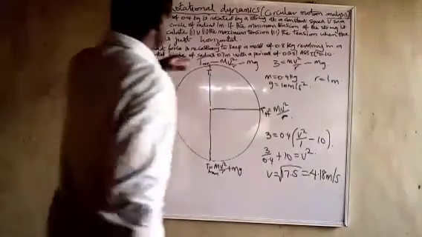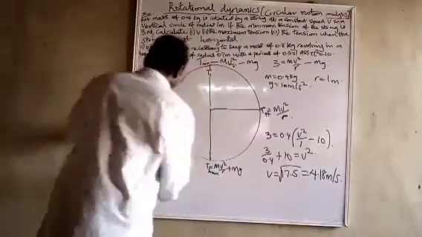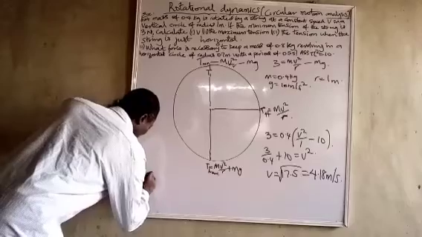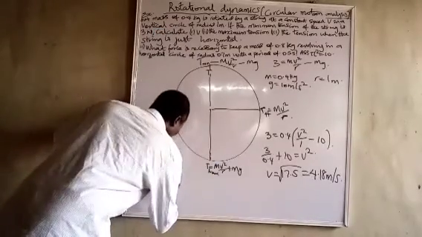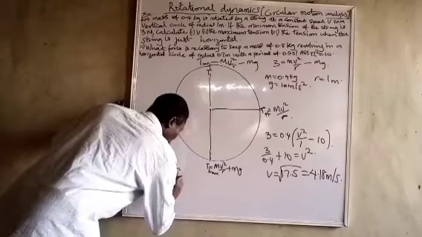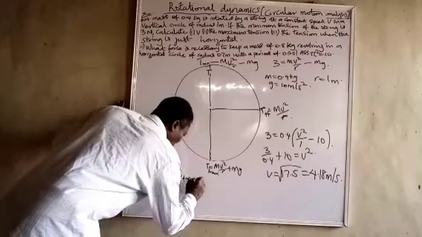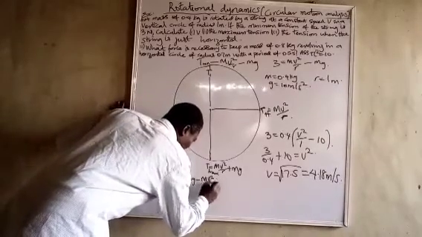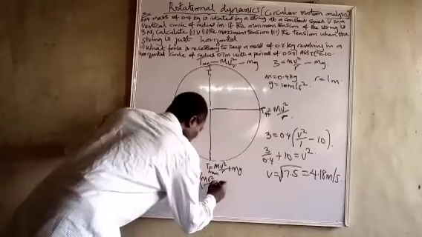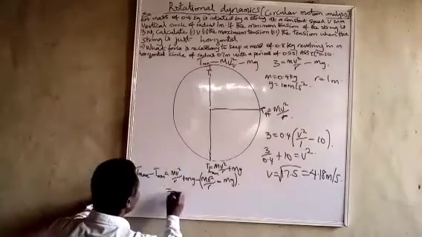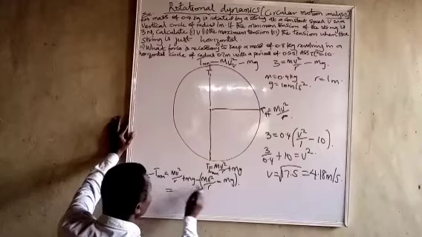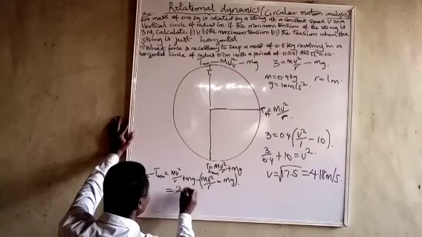Now the next part says the maximum tension. T max minus T min will be equal to mv squared over r plus mg minus mv squared over r minus mg. So the difference is 2mg.